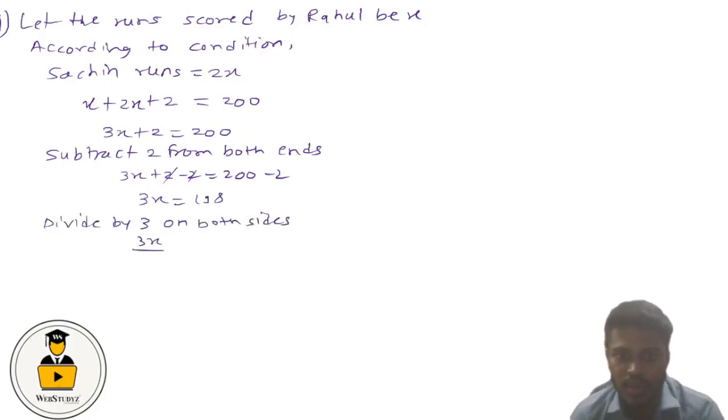So 3x upon 3 equals 198 divided by 3. 3 sixes are 18, so we get 1 and 8. Then again 3 sixes are 18. So it will be 66. Therefore x comes out to be 66.